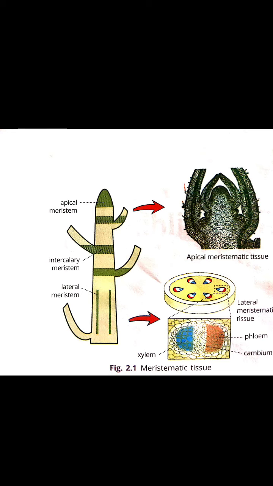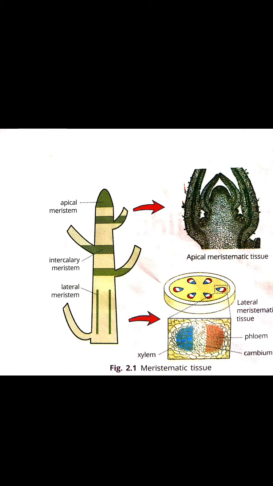Here in the meristematic tissue, it is also labelled: first the apical meristematic tissue, then the lateral meristematic tissue in the downward part, and in between, the intercalary meristematic tissue.